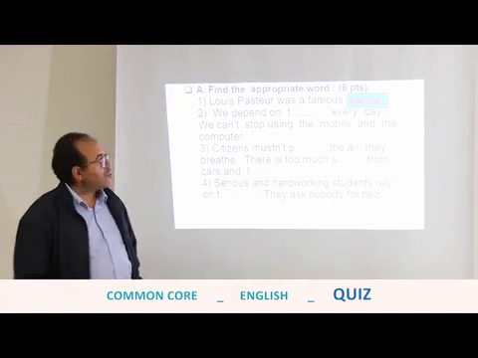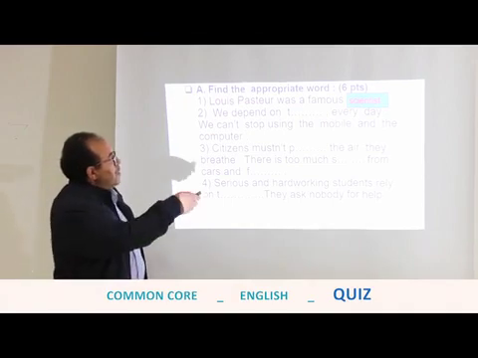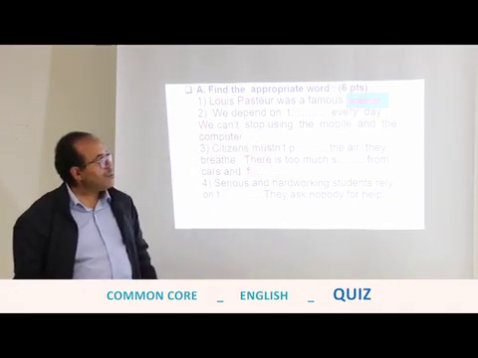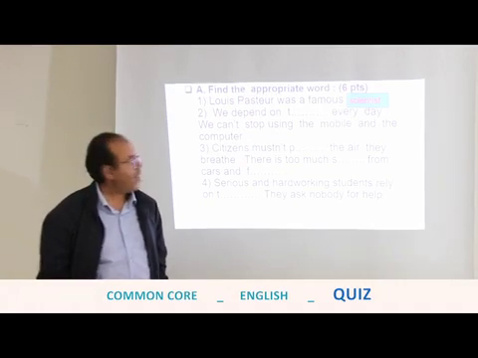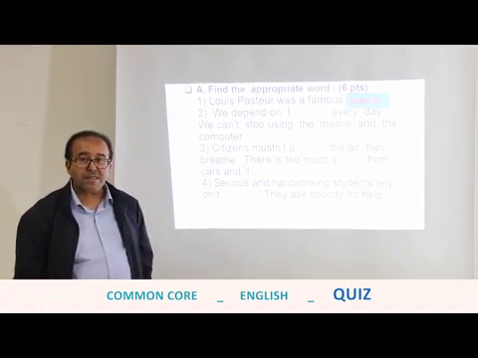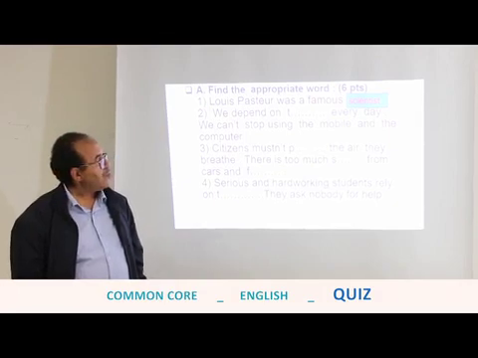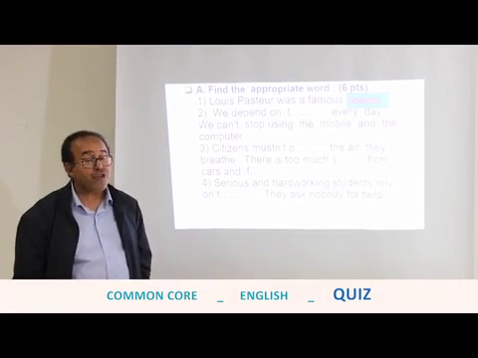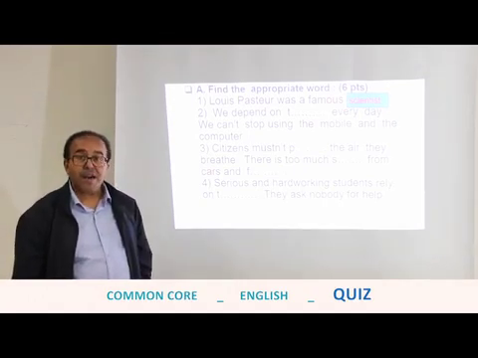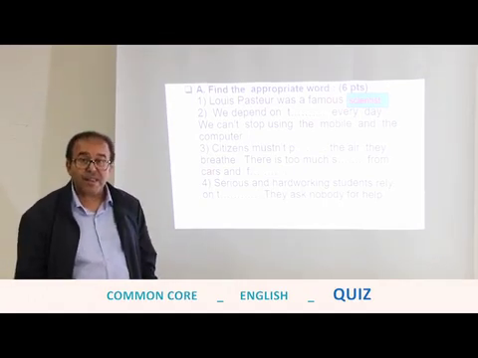So, this is the context. Here you have the context. So, the mobile and the computer are from what? From science? No. From literature? No. The computer and the mobile are from the field of.